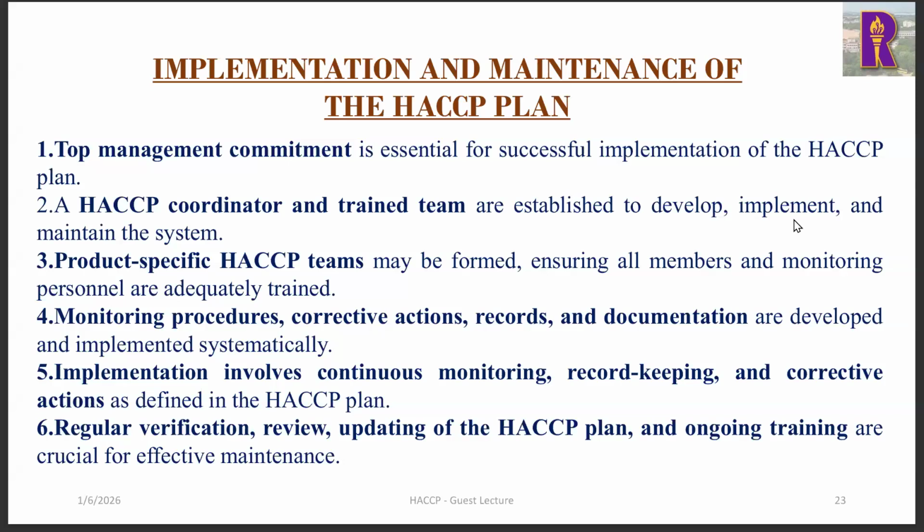So each product level team must be appointed to eradicate the hazard in that particular product during the particular process. So product specific teams must be implemented. Next come the sixth and seventh steps, that is monitoring and documentation.